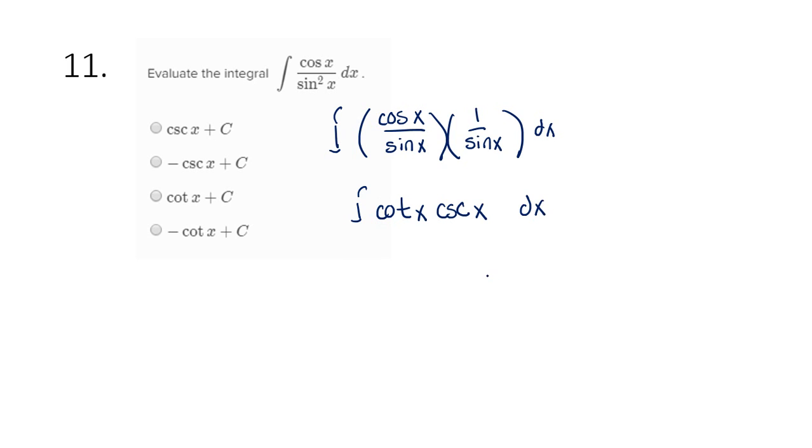Now, the easiest way to think about this now is the derivative of cosecant is cotangent x, cosecant x.